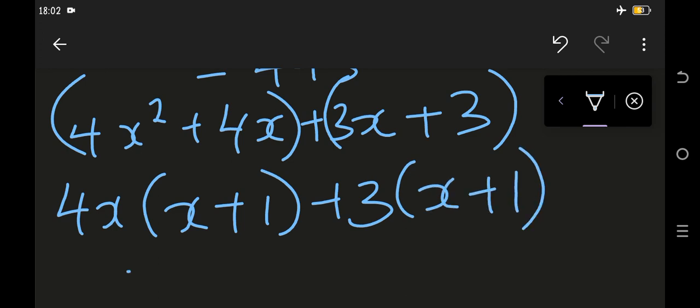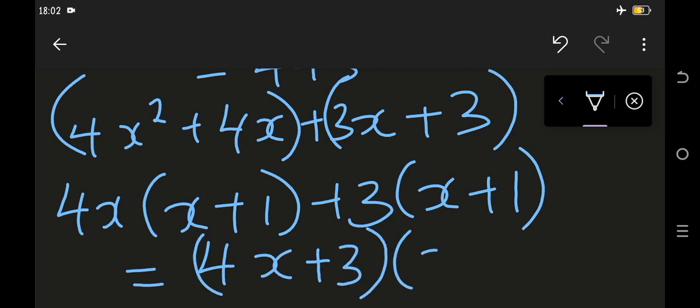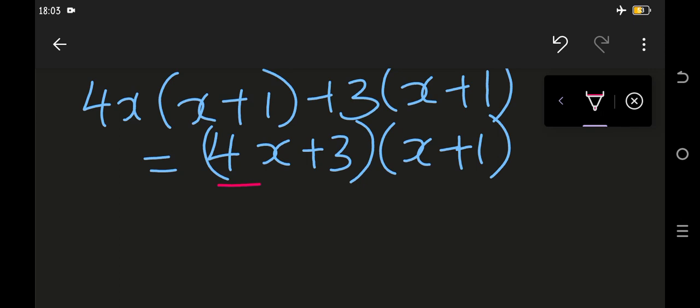So your answer here will be 4x plus 3 and x plus 1. So this is our answer for the last expression.